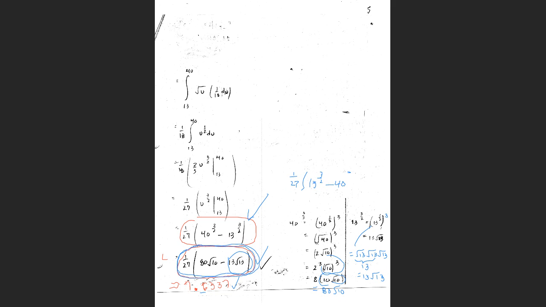What if we got an answer like that? How would we know that that answer's not right? What's a quick way to know that? That's right, Mario. The answer's negative. Your arc length has to be positive.